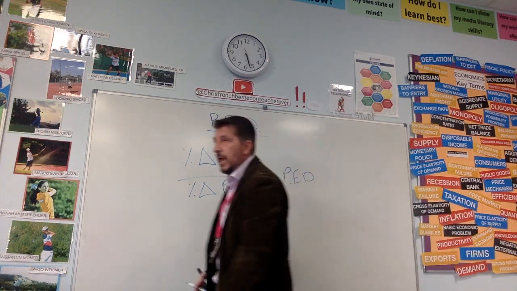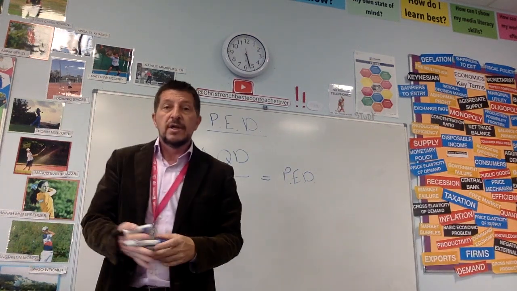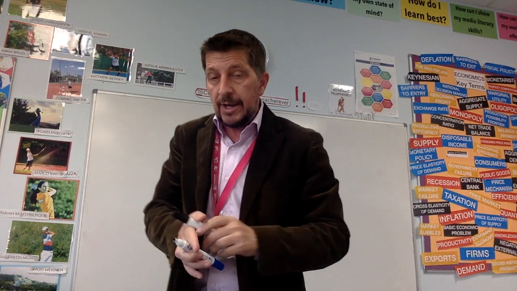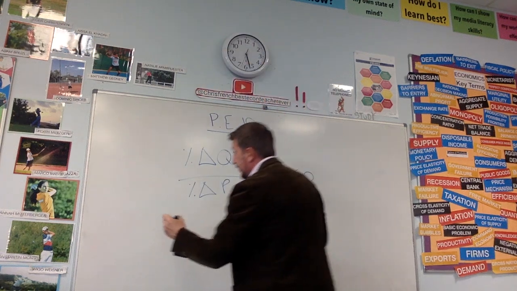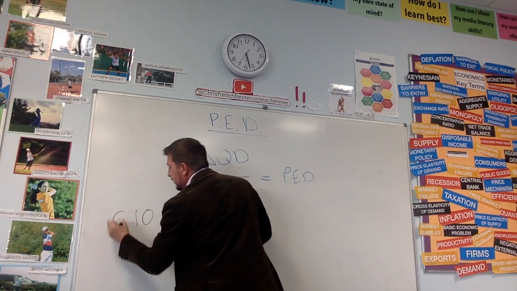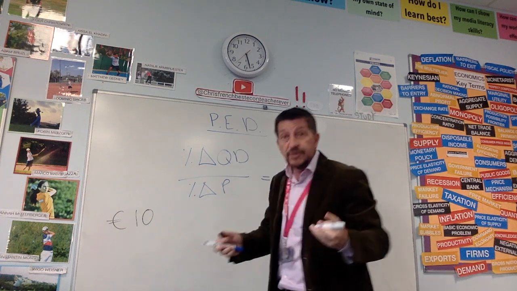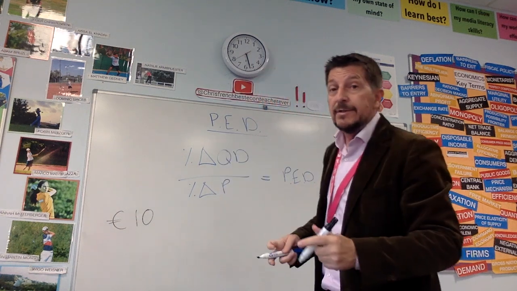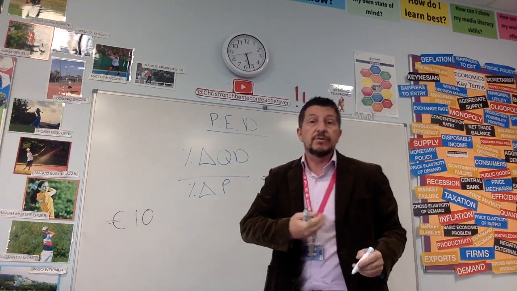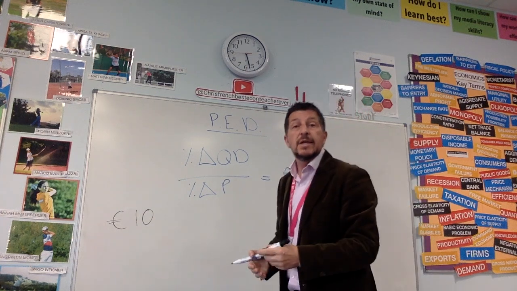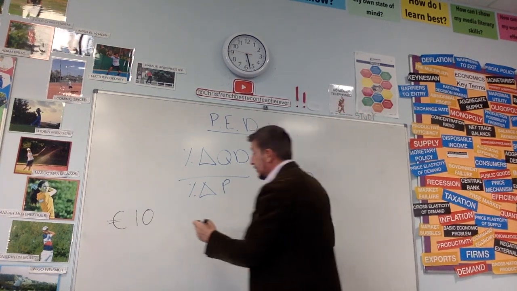Imagine a scenario where we have a product that is selling for, let's say, 10 euros. So 10 euros is our original price to start with, and when we sell our product at €10, we attract, let's say, 200 customers.